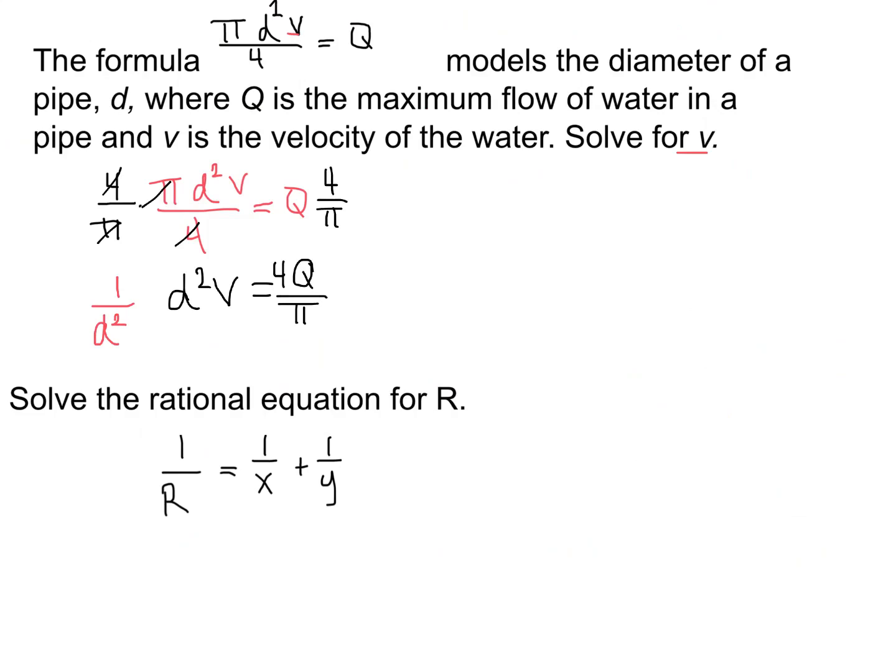It's the same thing, but it will help me on the right side really envision what I'm doing. Okay, so 1 over d squared times d squared is 1, and so I'm left with v on the left side, and on the right I have 4q times 1, which is 4q, divided by pi times d squared. And so the velocity is equal to 4q over pi times the diameter squared.